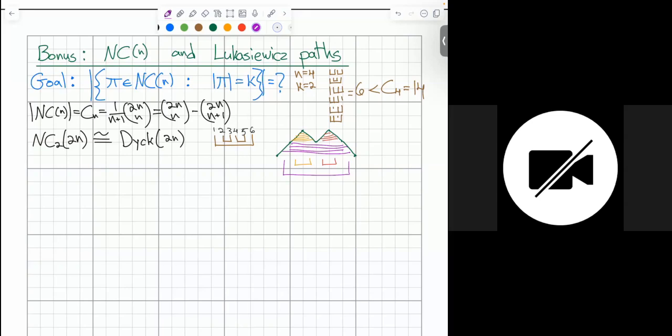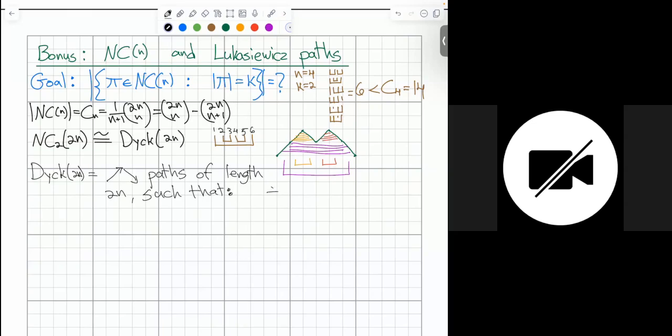If I want to write it a little more formally, the Dyck paths of length 2n are all northeast-southeast paths of length 2n, such that 2 conditions hold.